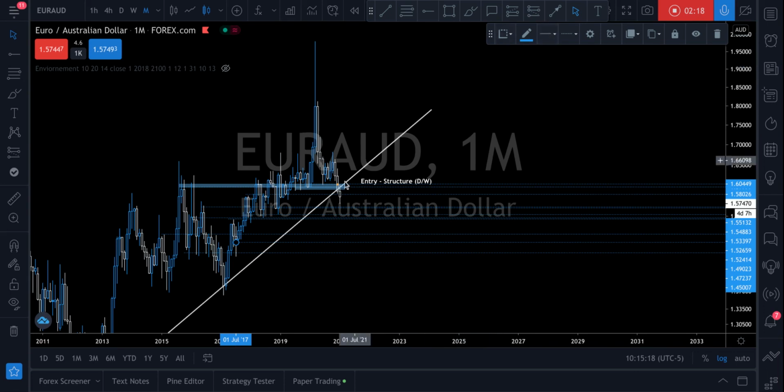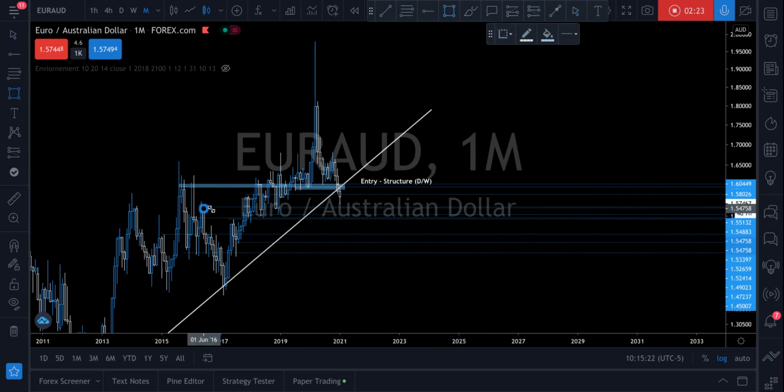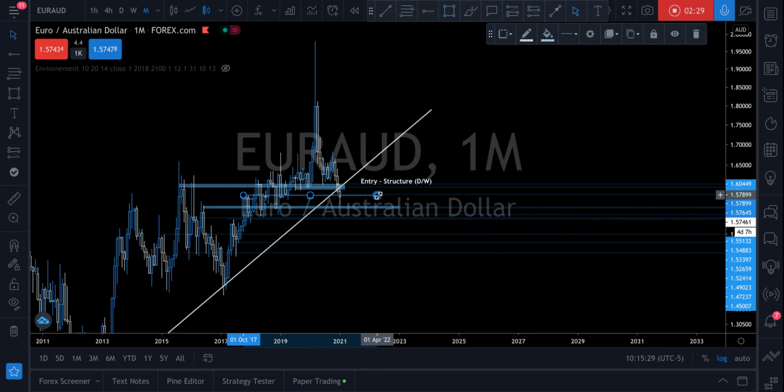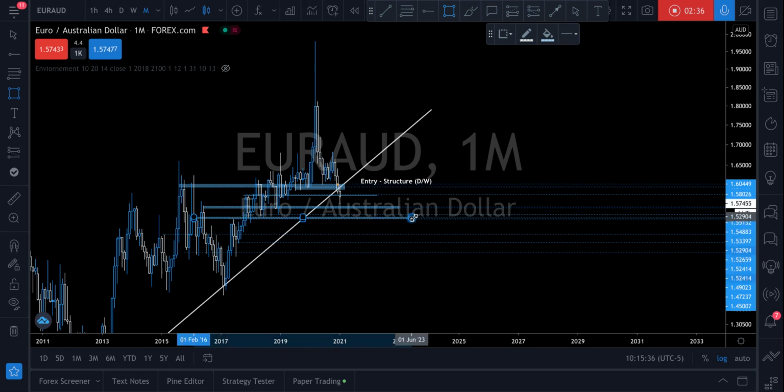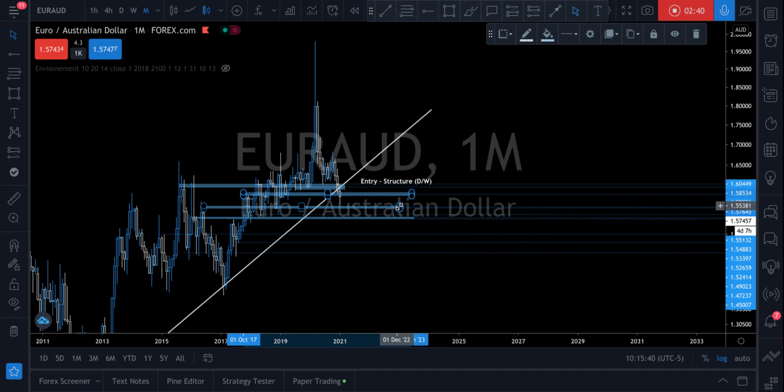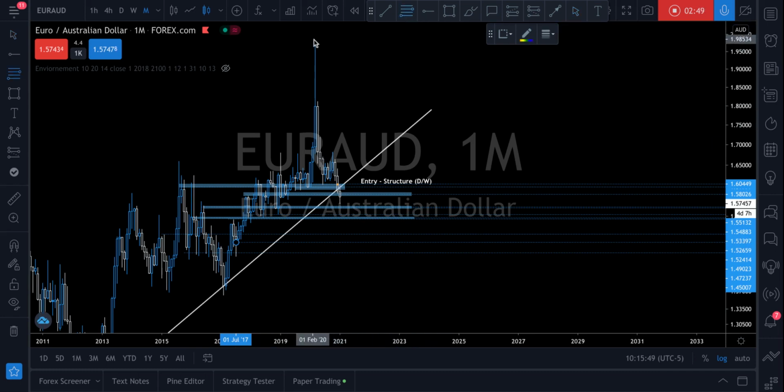So right here, we're looking at areas that overlap a little bit more. For example, this area is overlapping a little bit more, this area, and this area as well. So these are some potentially significant areas for us.